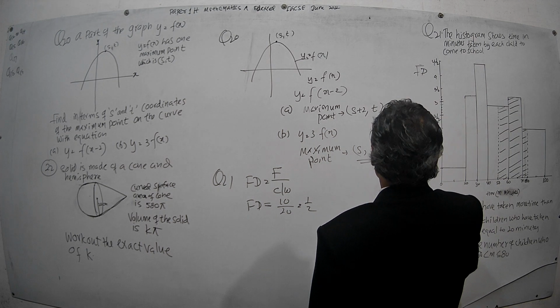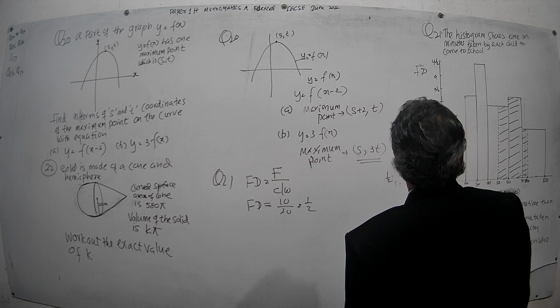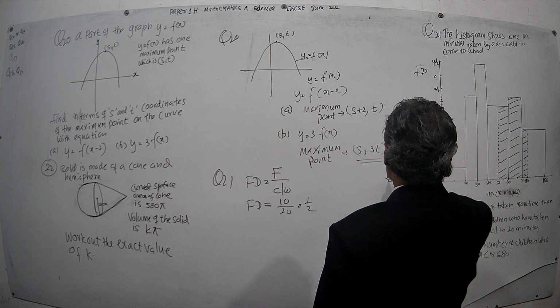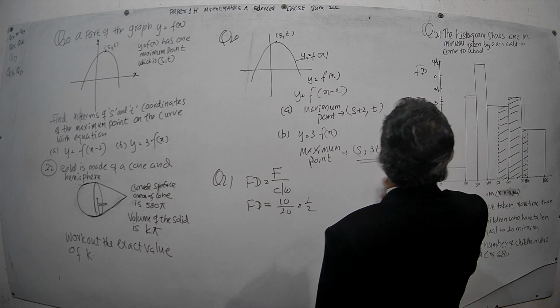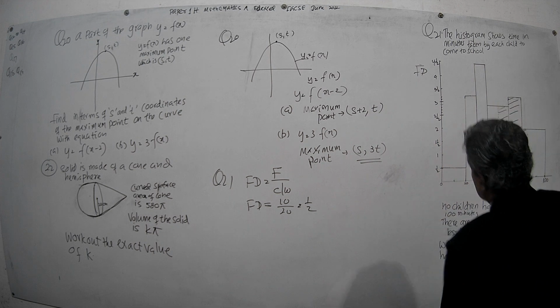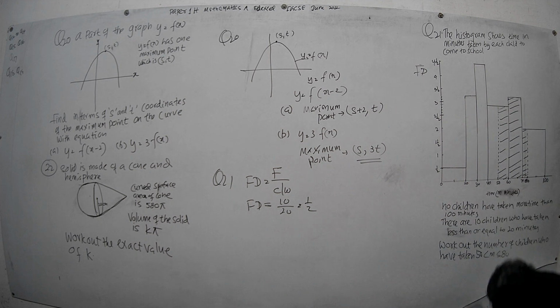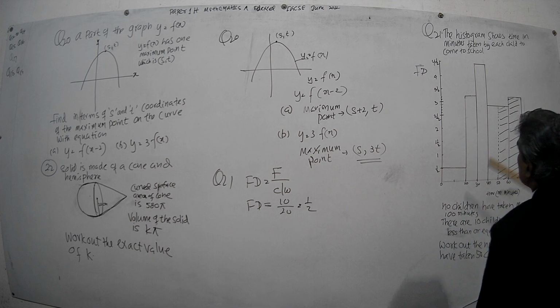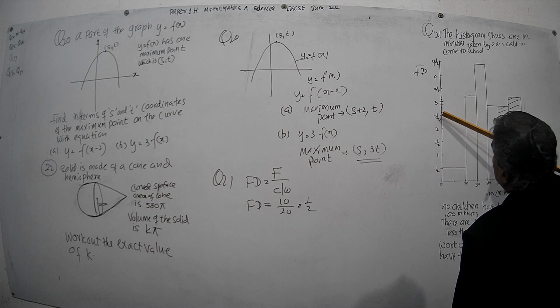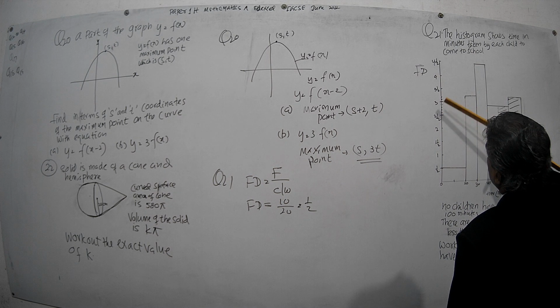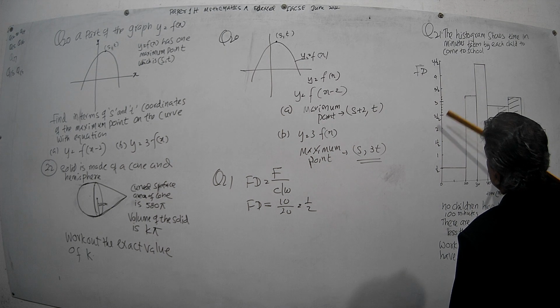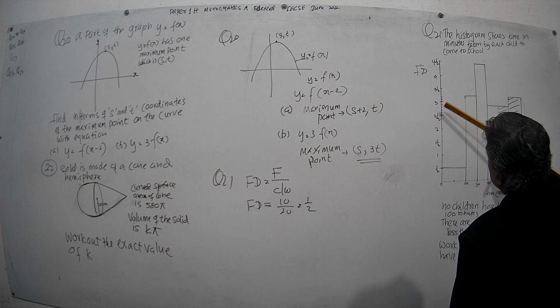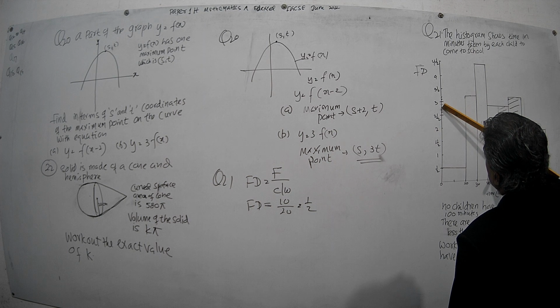Yes, half divided by 5. We have to find how much one small part is. Between these two markings is half, and that half has been divided into 5 parts: 1, 2, 3, 4, 5.